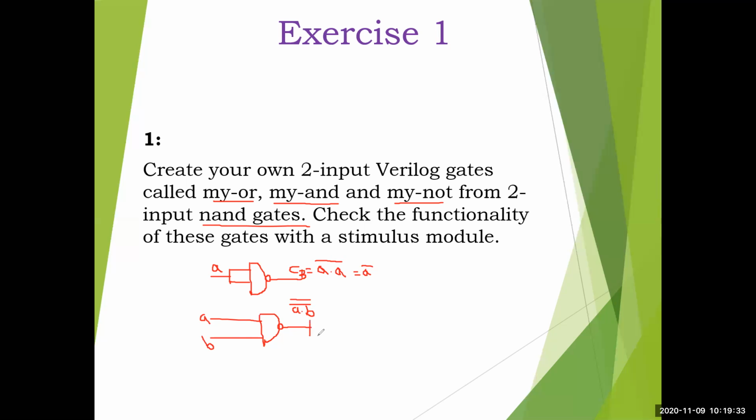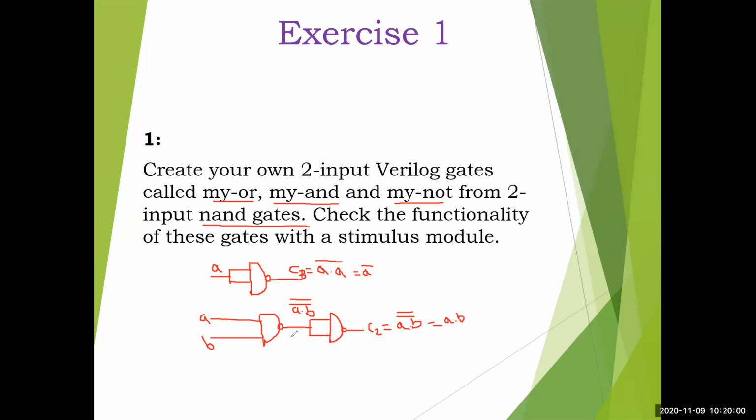How to bring this? Just use a NOT gate, a NOT gate using a NAND gate, by shorting the inputs, and you'll get the final output. I call this C2, the second gate, which is equal to A dot B double bar, which is equal to A dot B, since from algebra A double bar is A itself.